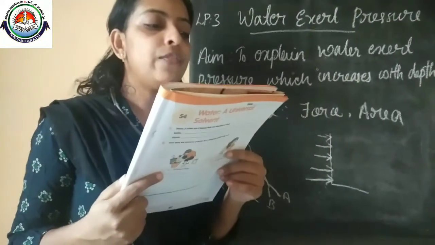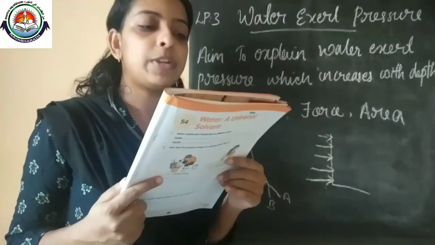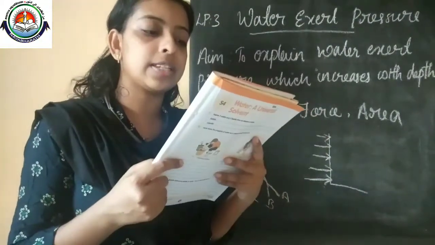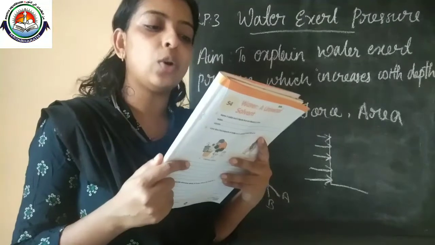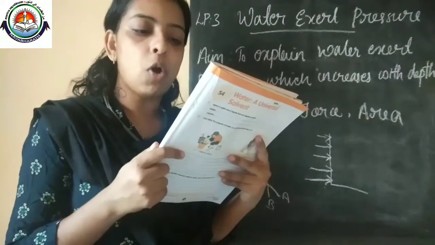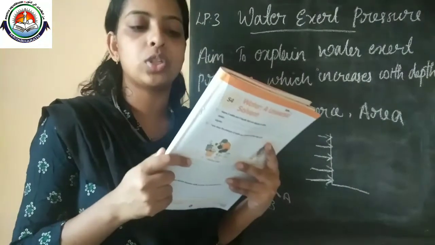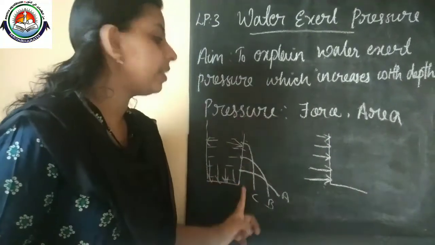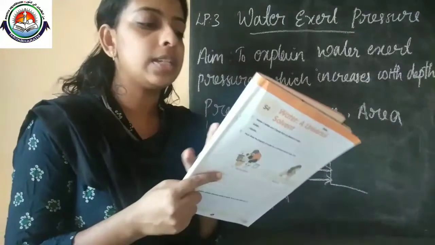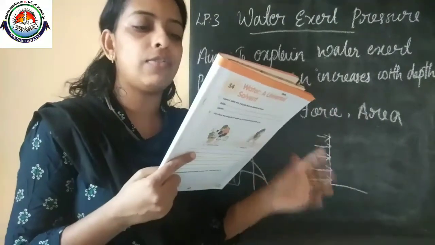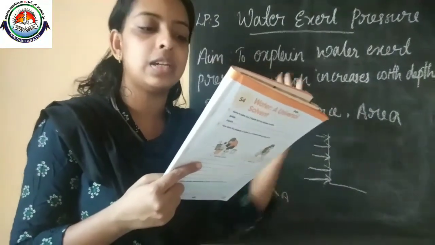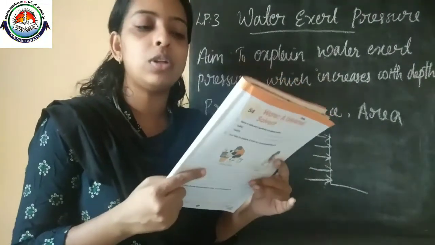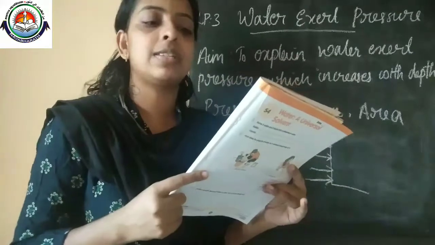Second question: where will the water pressure be more and why? Here you can see two cases, a large but shallow lake and a small but deep pond. We already learned that pressure increases with increasing depth. In the case of the lake, the depth is 3 meters, and in the case of the pond, the depth is 6 meters.